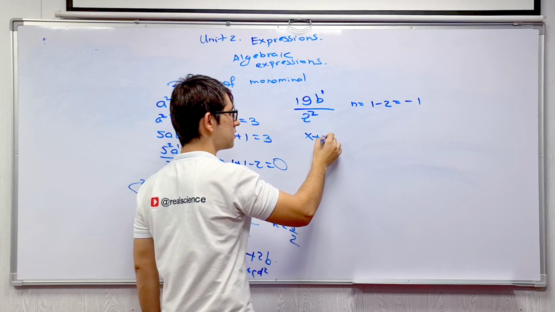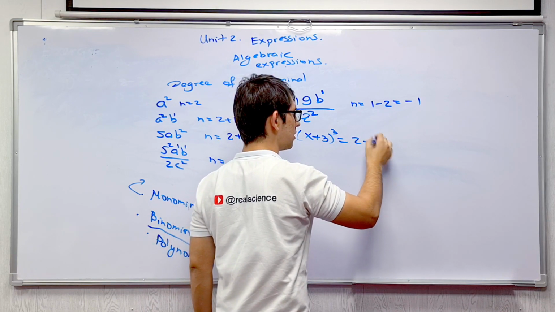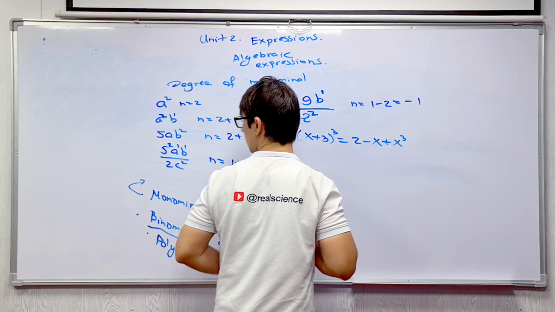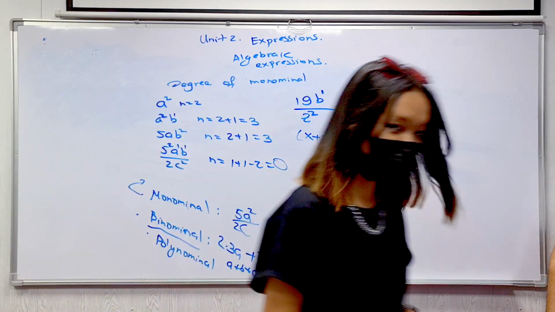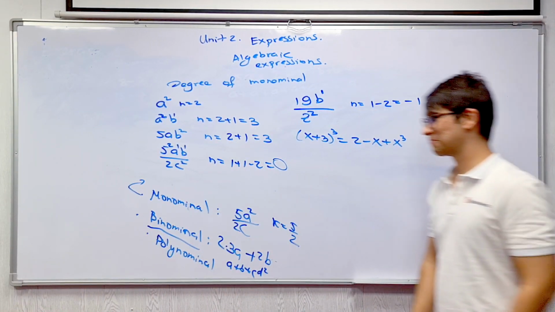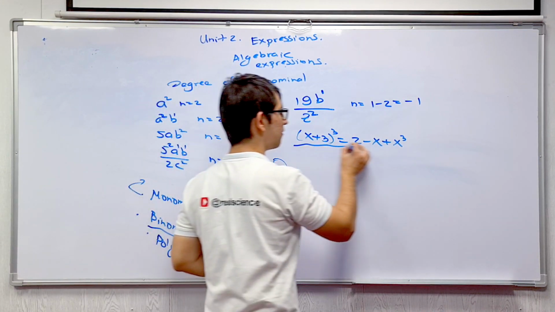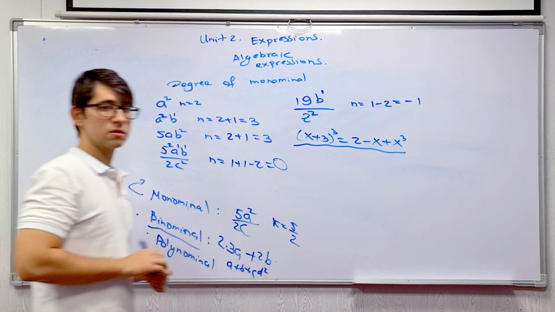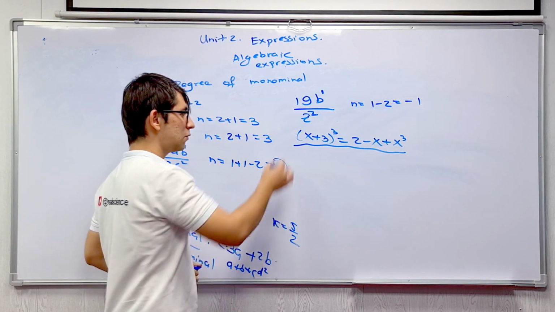So (x plus 3) to the power of 3 equals 2 minus x plus x cubed. What will your power be? What is the power of this polynomial? We will come to this.